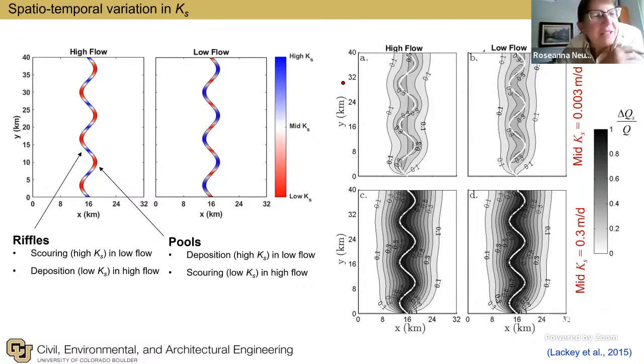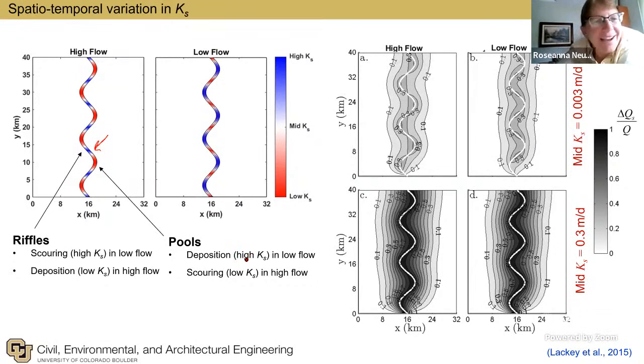What I'm showing on the left are two different representations of hydraulic conductivity in that same river. The left is showing high flow conditions, the right is showing low flow conditions. Under high flow conditions, you have scouring in the riffles, so in this area here, and deposition of sediment in the pools.